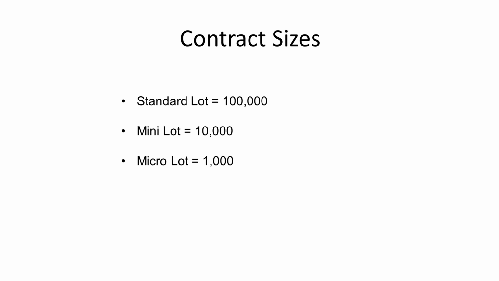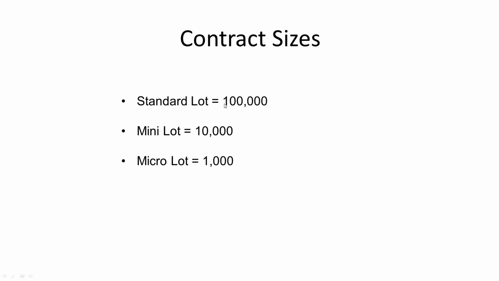So you've got contract sizes: standard lot, mini lot, and micro lot. When you trade a standard lot, that's 100,000 in base currency, so it's 100,000 units. When you trade a mini lot, it's 10,000. Micro lot, it's 1,000.